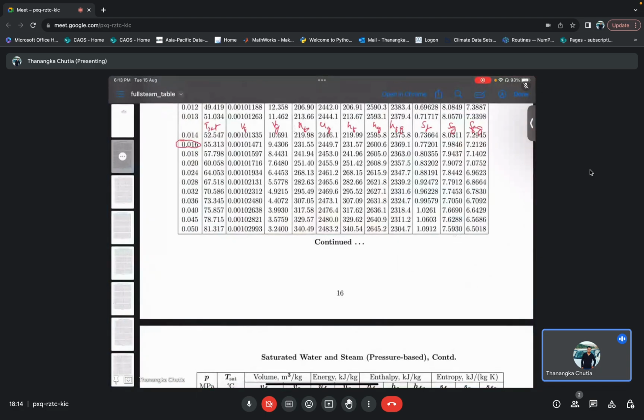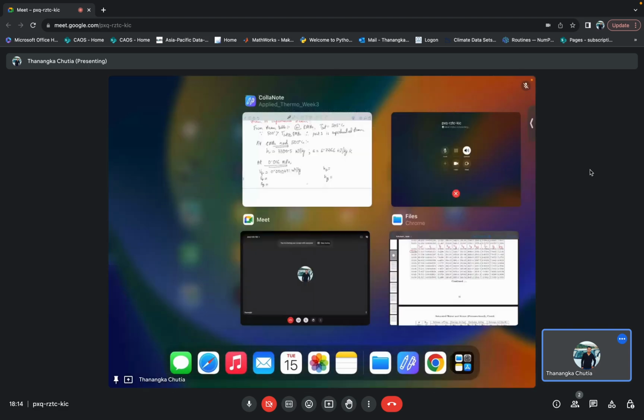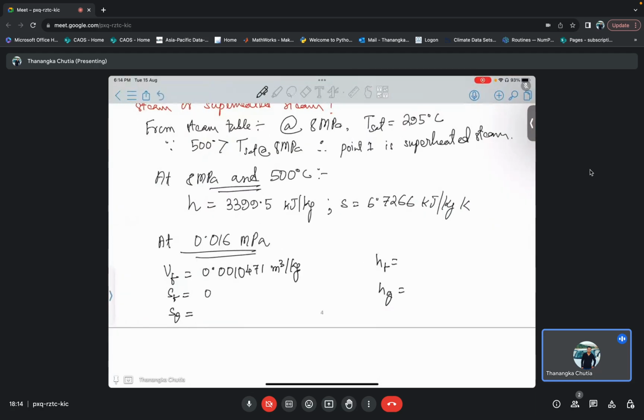Your SF is 0.77201 kilojoule per kg Kelvin.